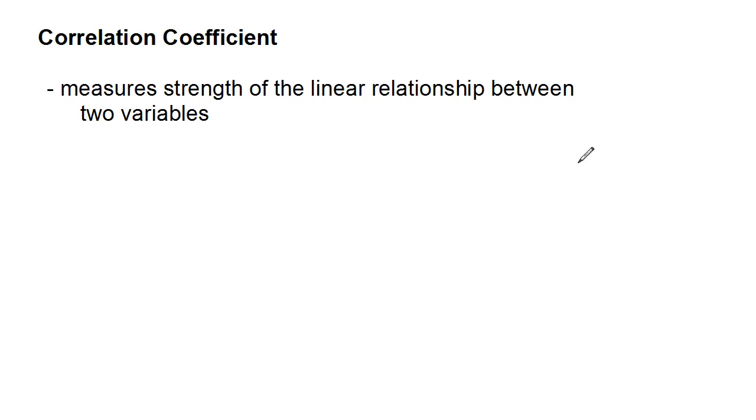So we want to measure the strength of this linear relationship. And the way we measure the strength of a linear relationship, and this is only for linear relationships, is what we call the correlation coefficient. The formula for correlation coefficient is R equals 1 over n minus 1.